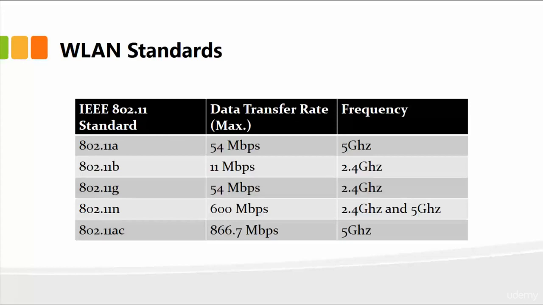So for instance, the first row is 802.11a, which has the data transfer rate, a maximum rate of 54 megabits per second, and the frequency of 5 gigahertz. Similarly, there are other standards that you can follow. So if you are interested in developing your own network, you can implement any one of these standards and make sure all devices match and you have a wireless access point and they're connected to your actual network.